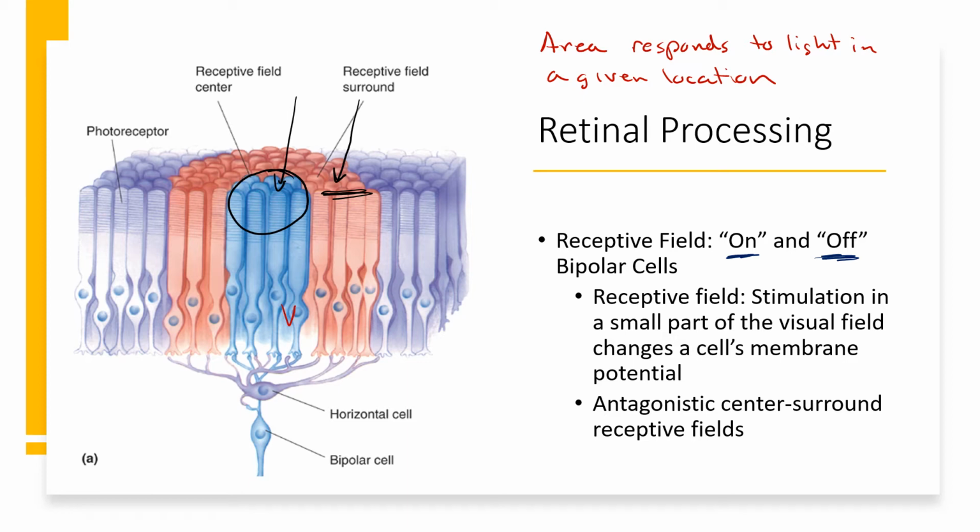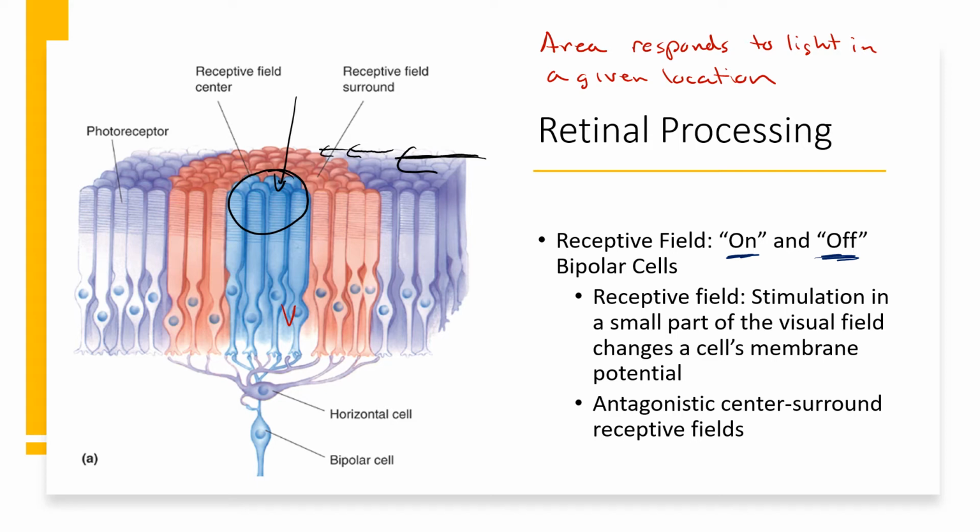But the idea is you have these antagonistic areas, and that's going to be great for detecting things like edges and contrast. You can imagine, as something moves across, like a light moves across this way, if we have a cell that responds to light in the center, and this is a darker object moving across my retina, it hasn't blocked this out yet, so this is still getting lots of light, still an on-center cell, still getting a lot of excitation.